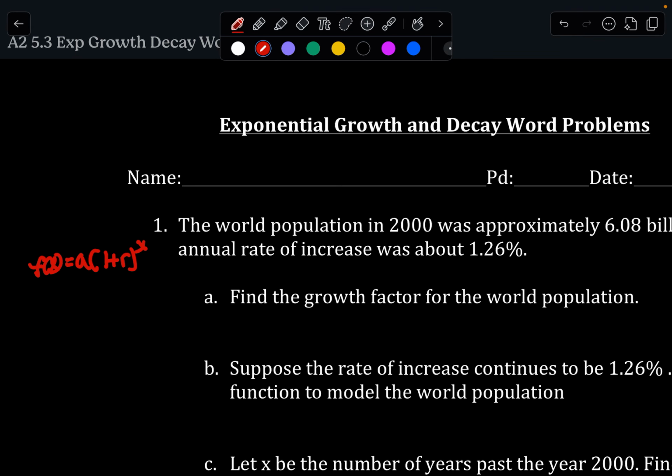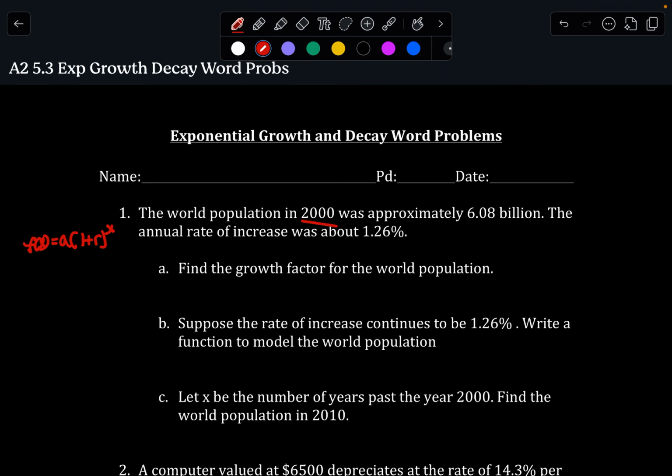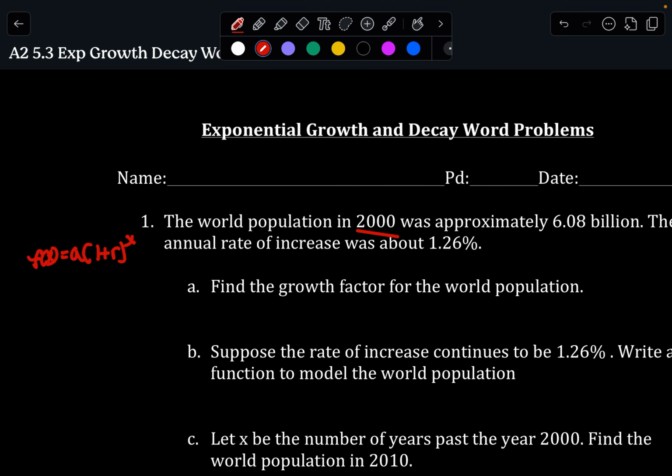Well, it says the world population in 2000 was approximately 6.08 billion. The annual rate of increase was about 1.26%. This is r. And we have to write it as a decimal. Do not write 1.26 for r. It's 0.0126.